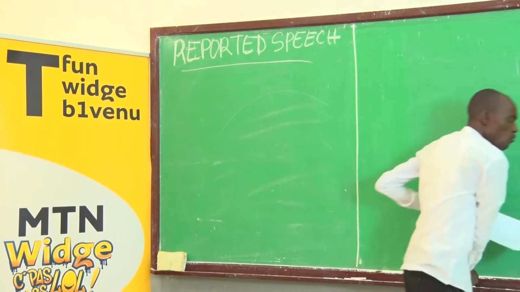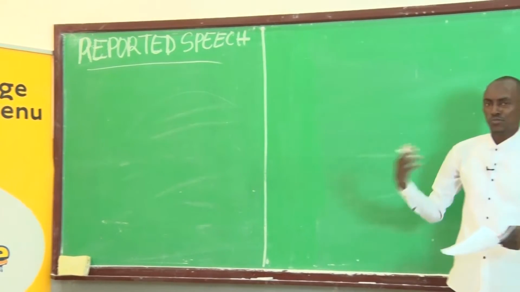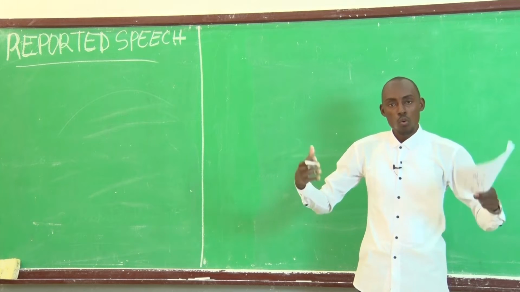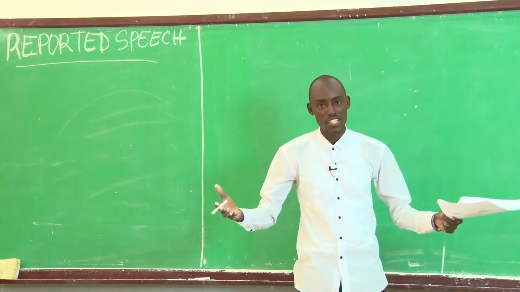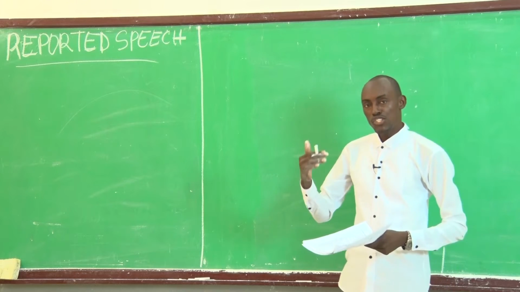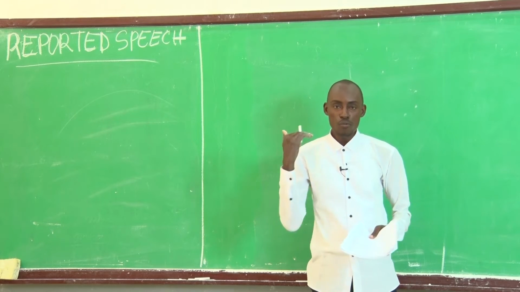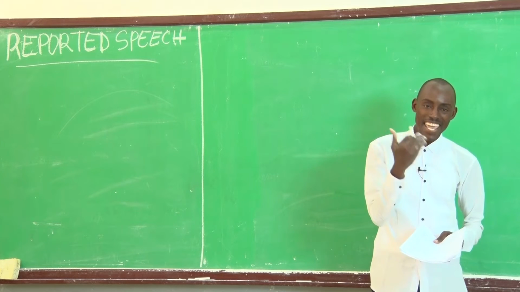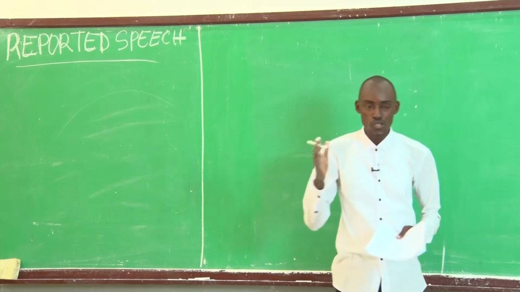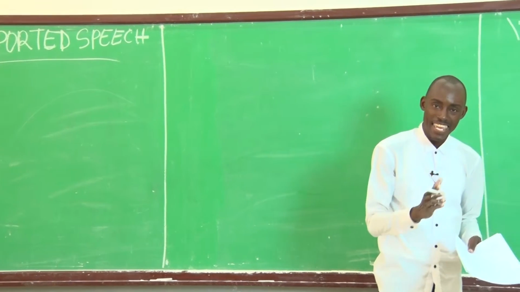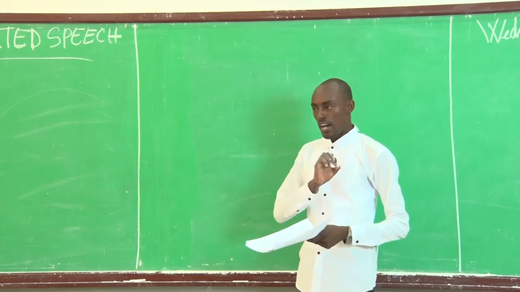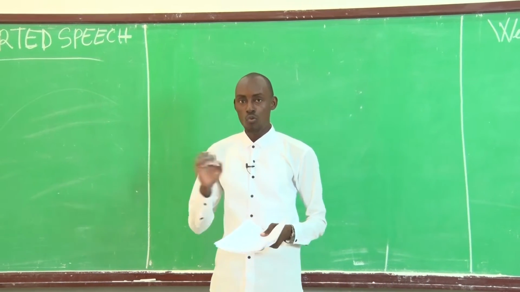Now, what did we say about reported speech? What is reported speech? When do we use reported speech? We said that reported speech is used when we say indirectly what other people say, by not using the exact words.